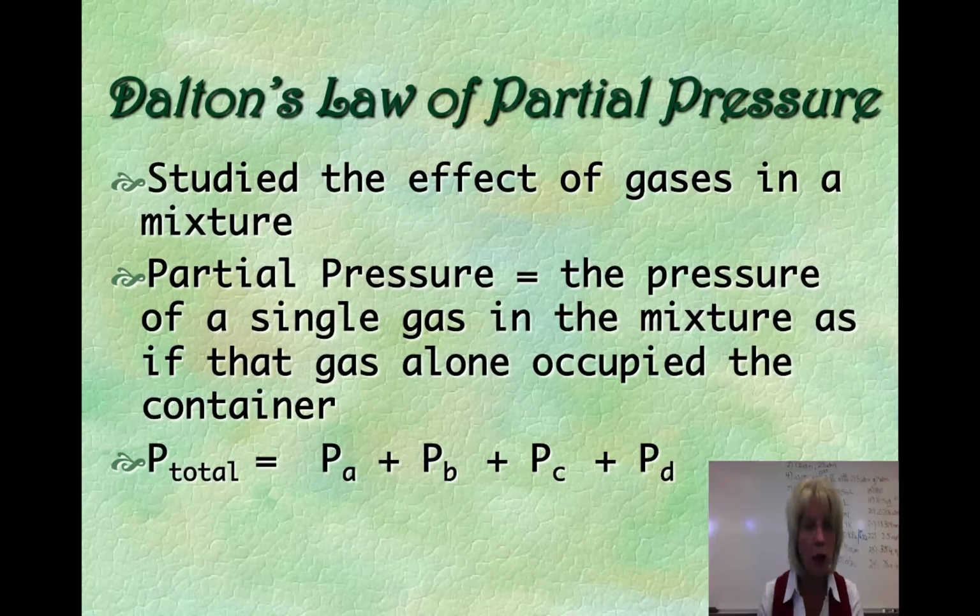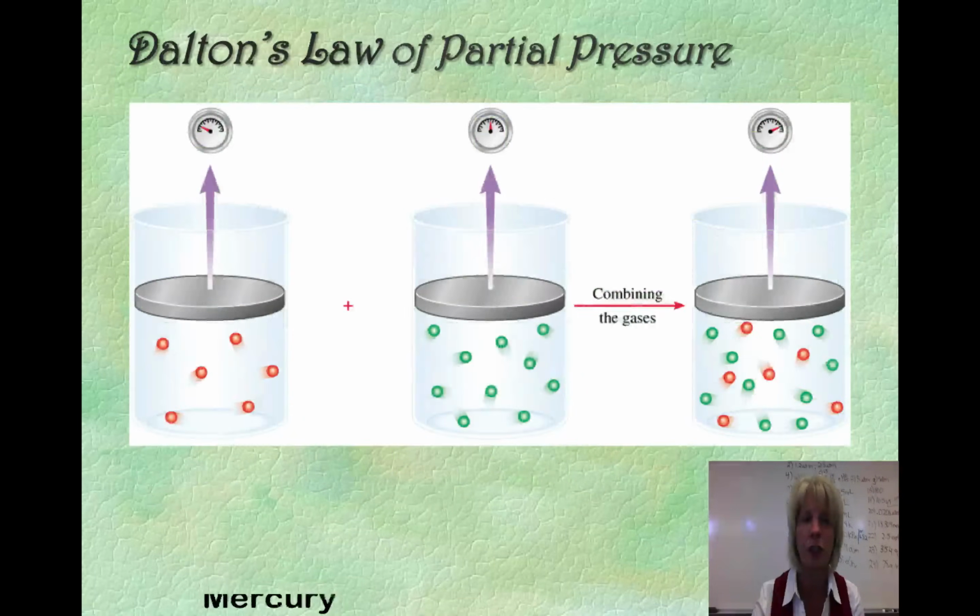The total pressure of a mixture of gases is equal to the sum of the partial pressures. The bottom formula is saying that the total pressure is equivalent to P sub A, that means the partial pressure of A, plus P sub B, the partial pressure of B, plus P sub C, which is the partial pressure of C, and so on. So the total pressure is equal to the sum of the partial pressures.